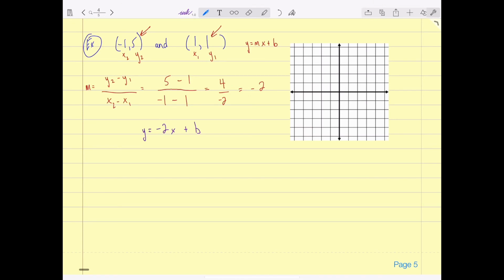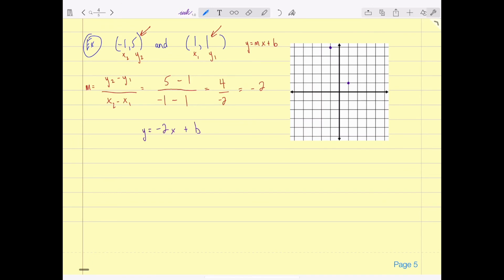And so we don't have the intercept. So let's see what happens if I draw this line. So it goes to the point 1, 1 and negative 1, 5.